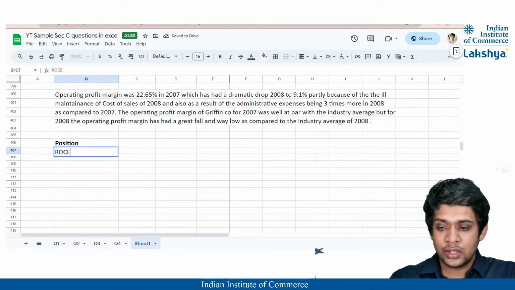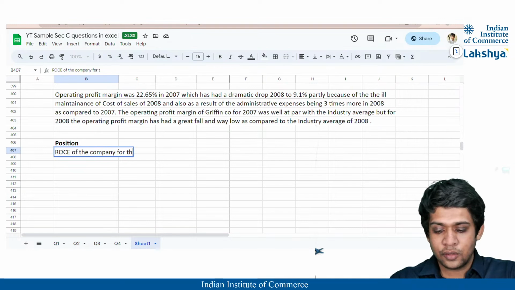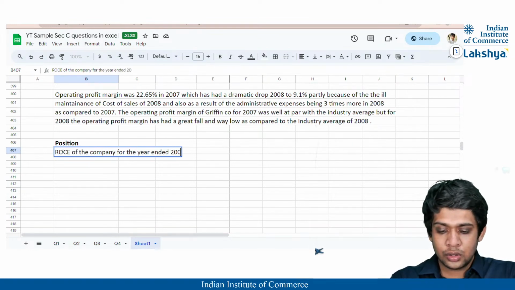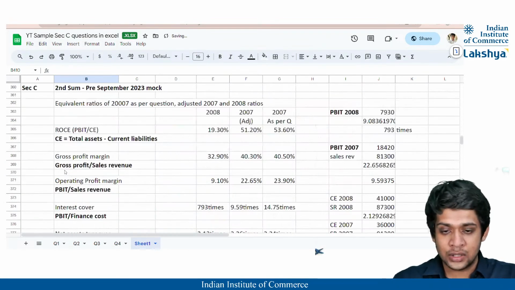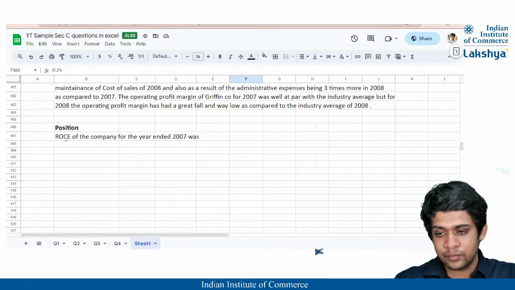So, return on capital employed of the company for the year ended 2007 was how much? We have calculated it to be 51.2%, right?